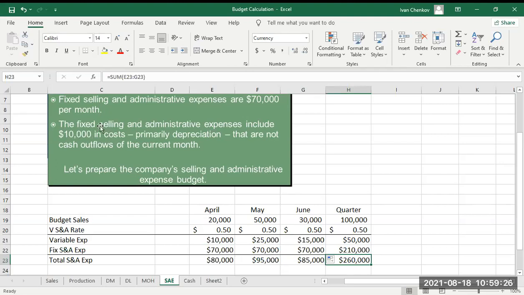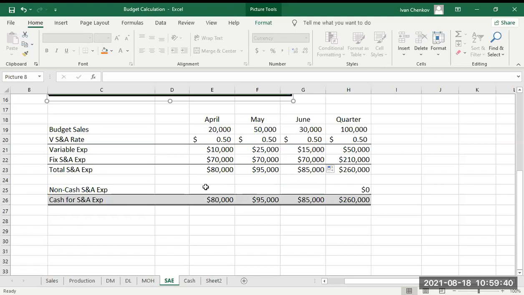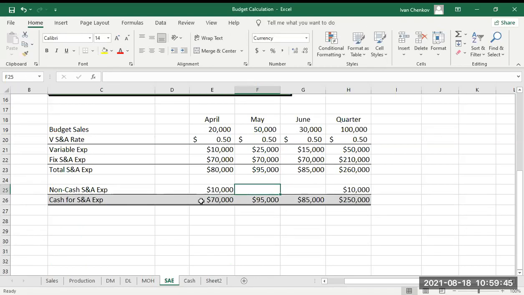Now, in the fixed selling and administrative expenses, we have $10,000 of cost which is depreciation, which is not a cash outflow. So in order to get the cash, we have to eliminate those $10,000. So let's eliminate the $10,000. And the cash that we need for selling and administrative expenses, we already have the numbers.